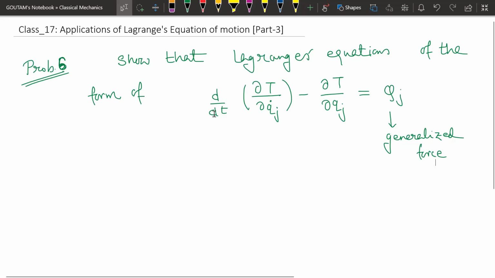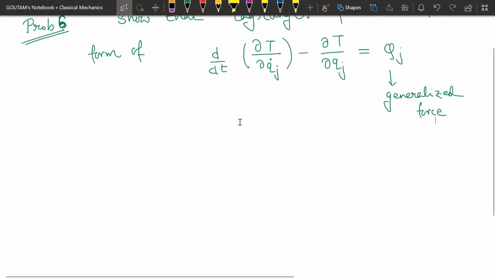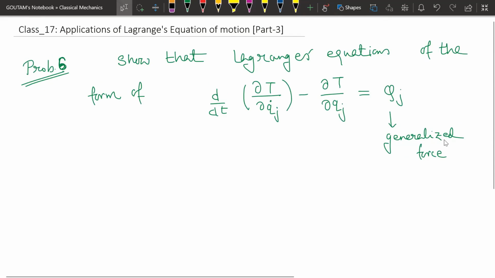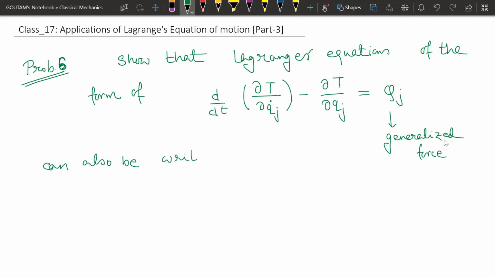Actually, from this form we derive the standard Lagrange's equation that we know, that is d/dt of ∂L/∂q̇j minus ∂L/∂qj equals 0, where L is T minus V. So if the Lagrange's equation is written in this form, then we need to show that it can also be written as ∂Ṫ/∂q̇j minus 2 ∂T/∂qj equals Qj.